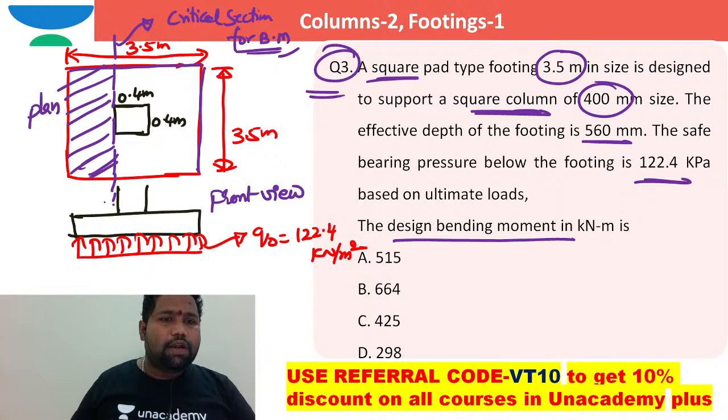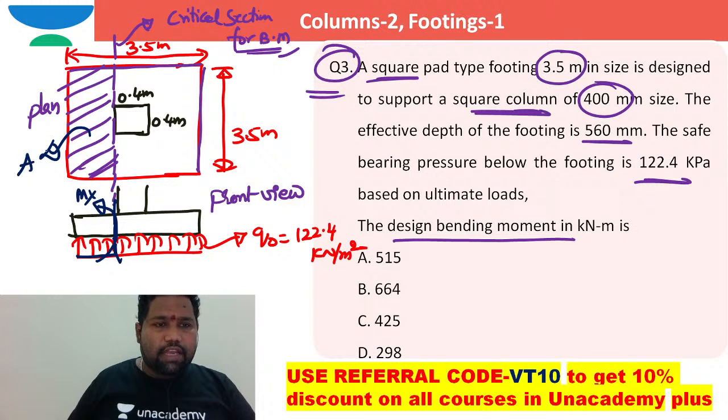Now can you please tell me what is the bending moment exactly at this section? The bending moment exactly at this section, I can take it as Mx. What is that value of Mx? Mx is equal to this pressure Q naught multiplied by this area, maybe the area that I can take as A. This is the point force. How will that point force act from this critical section? The point force will act at a distance of this value divided by 2.